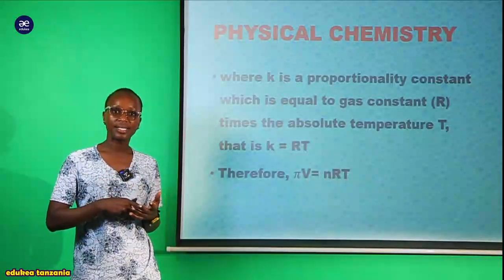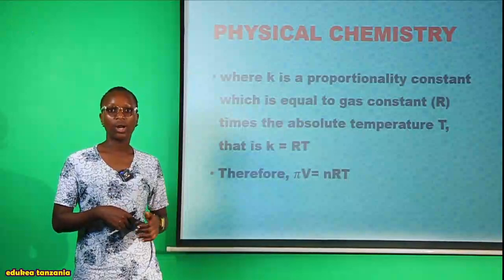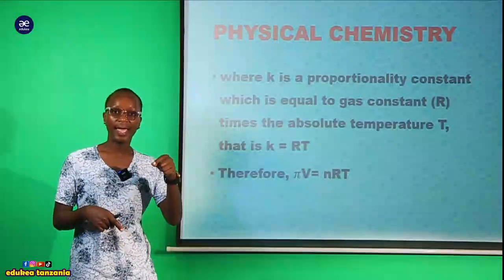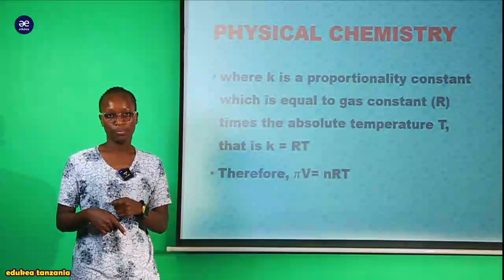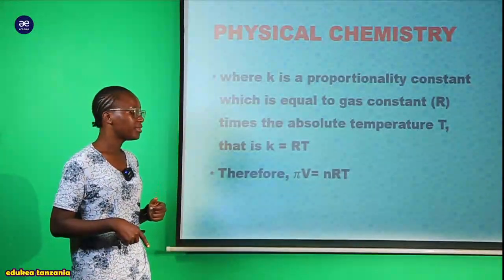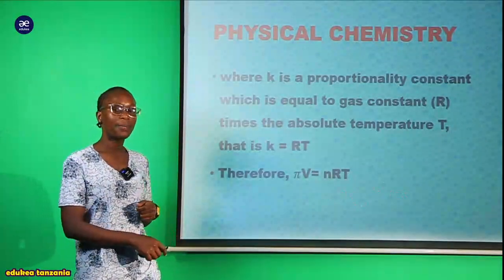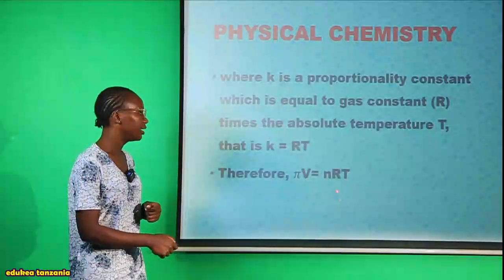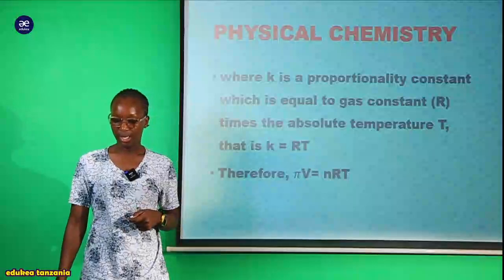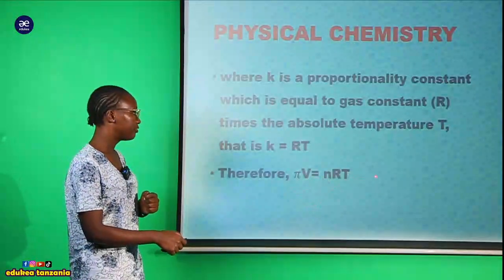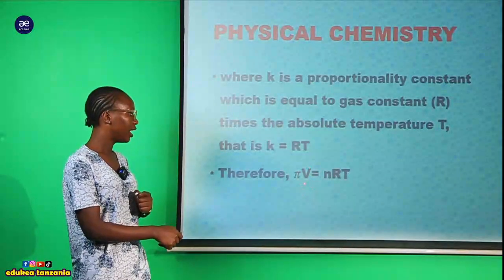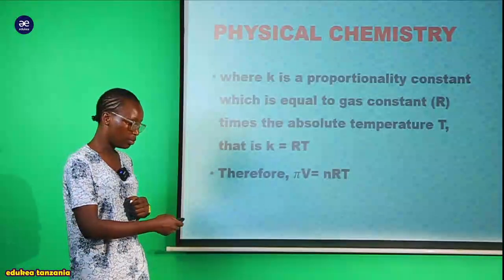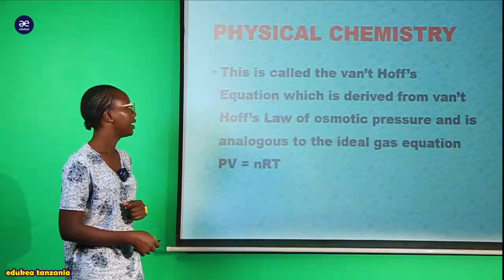Ni sawa na RT alafu na ile capital letter M. Tunarudi mwanzoni kabisa kwamba capital letter M ni molarity ambayo ni sawa na n over what? Volume. Therefore kama ni n over volume, tukiganya kwa volume kila upande tunakuja kupata osmotic pressure times V is equal to nRT. So this is the formula. Osmotic pressure V sawa na nRT.